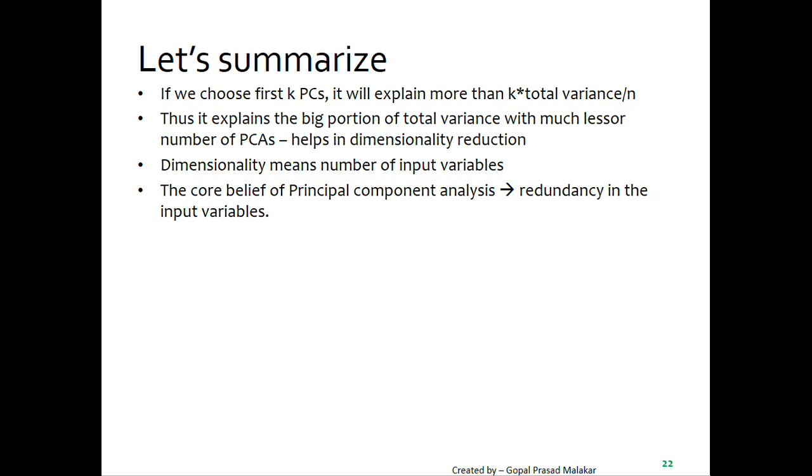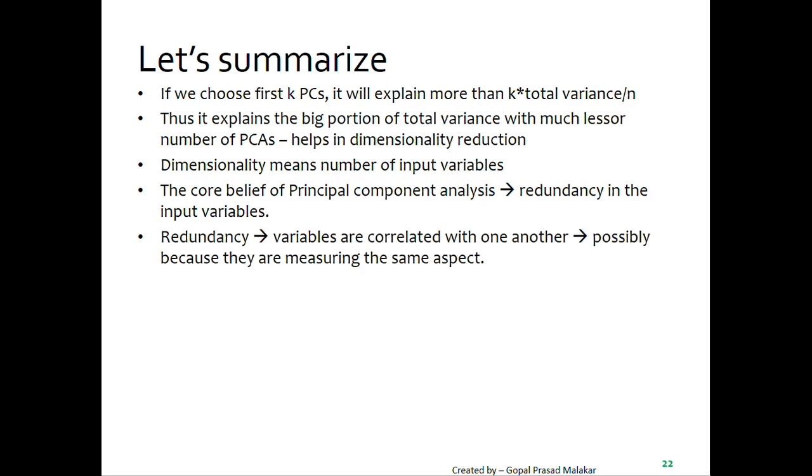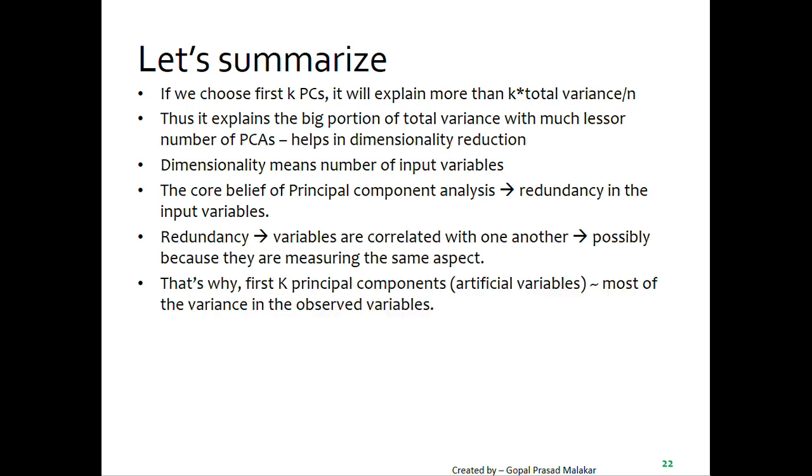What is the meaning of redundancy? It means they are trying to explain very much the same thing. The variables are correlated with each other, and that's why they are representing the same thing. They are measuring the same aspect of the observation. That's why the first k principal components can explain most of the variance of the observed variables.